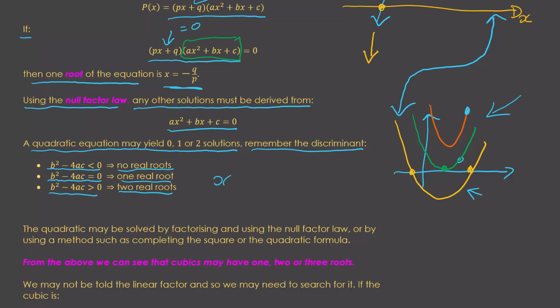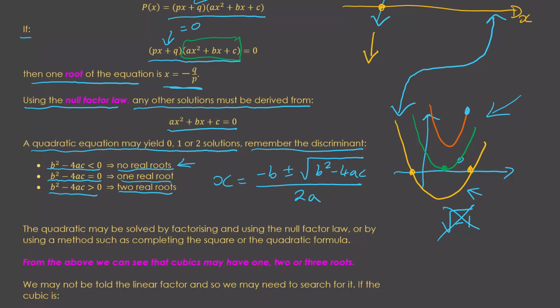Now remember that b² - 4ac is the part that's under the square root in the quadratic formula. So if b² - 4ac is negative, then we take the square root of a negative, and that is not a real solution, which is why we get no real roots.